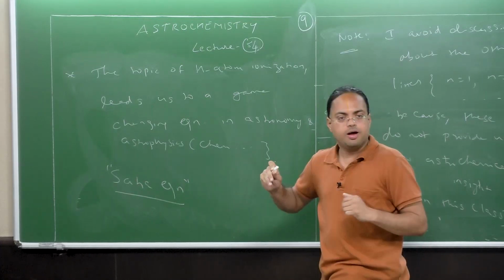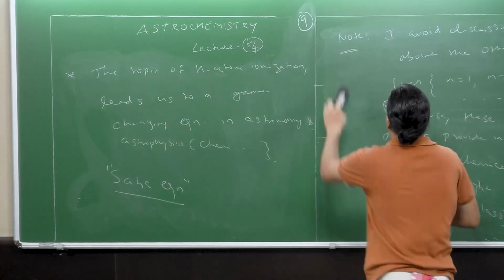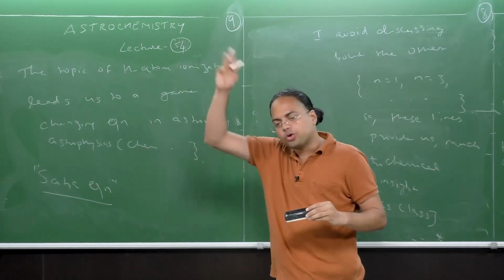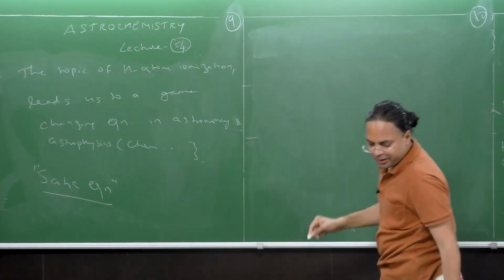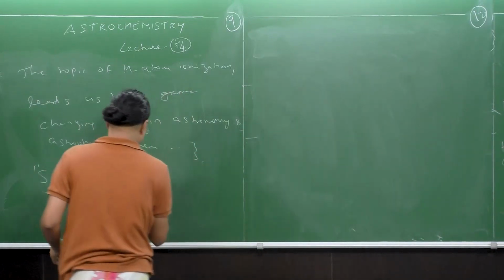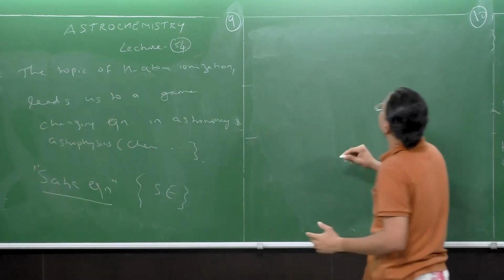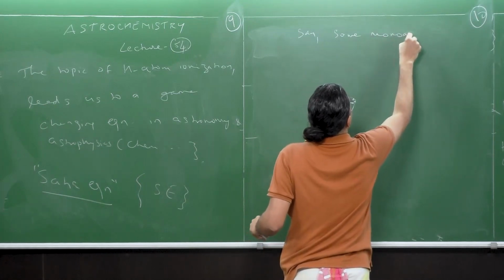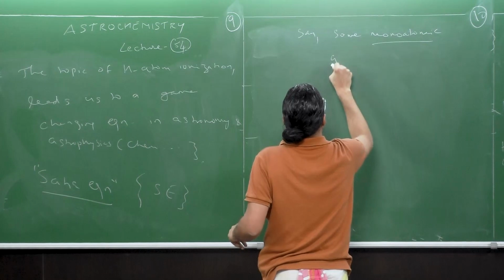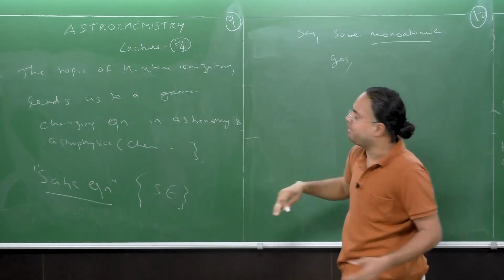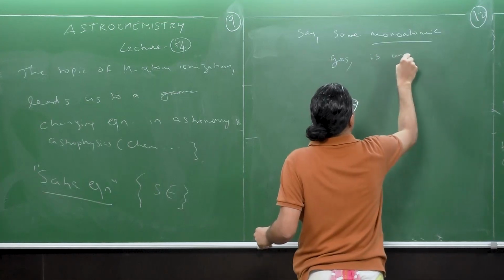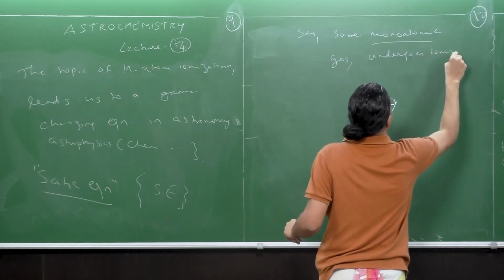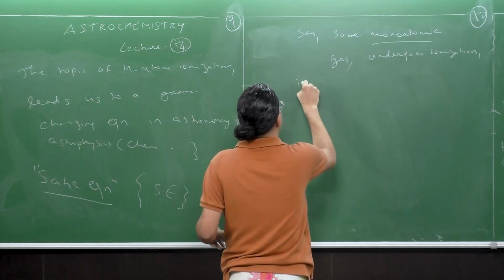Okay, so I'll explain what the equation is right now, and how it actually led to a game-changing understanding of the composition of stars, etc. Okay, so the Saha equation, I'm just going to call it SE, is given for any species, say some monoatomic gas, such as hydrogen, that undergoes ionization in space.